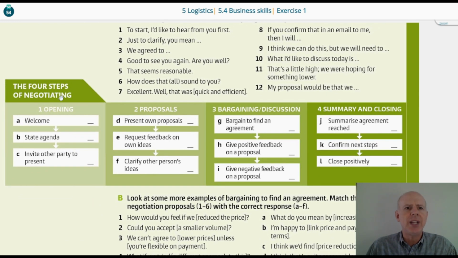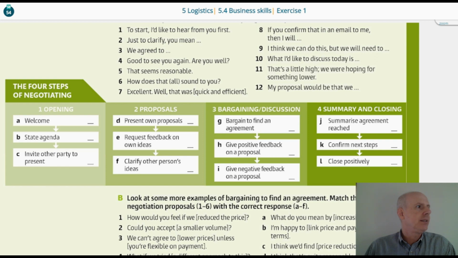We have 4 steps of a negotiating meeting. We have the opening, the proposals, the bargaining or discussion, and the summary and closing. Do you remember we saw these parts in more detail?